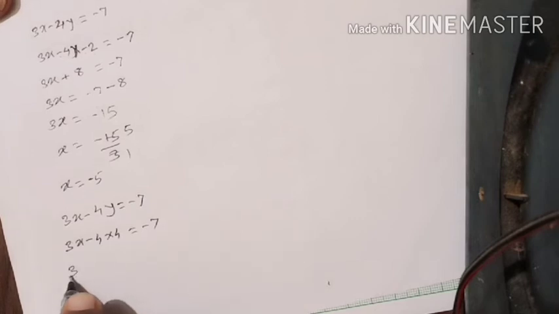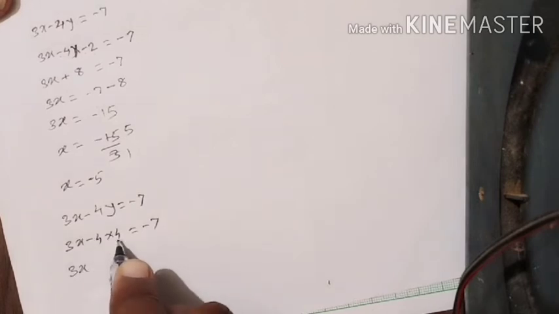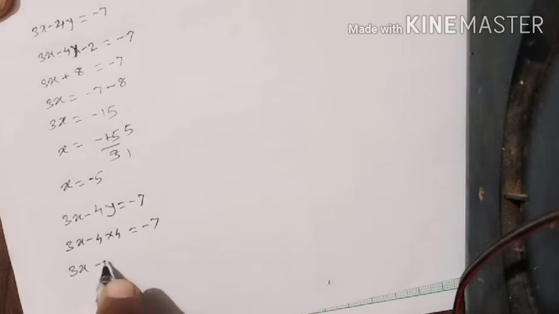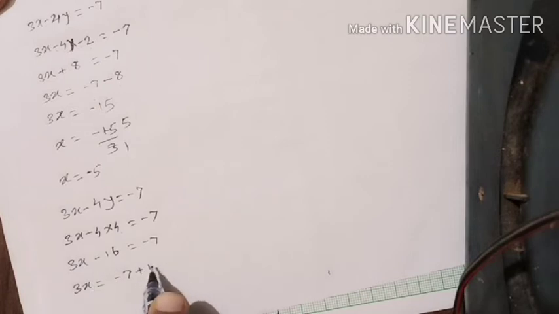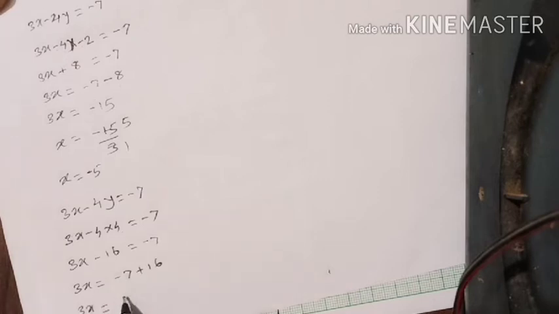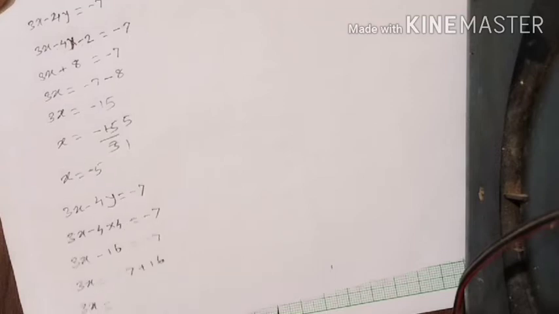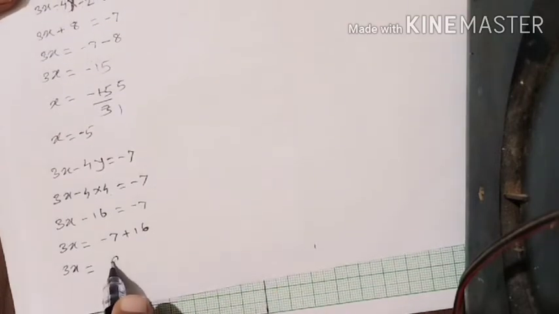Now 3x minus 4 into 4, that is -16, is equal to -7. Now 3x is equal to this minus 7 and minus 16 becomes here plus 16. Therefore 3x is equal to, now see here, 16 minus 7. 16 minus 7 is equal to 9.